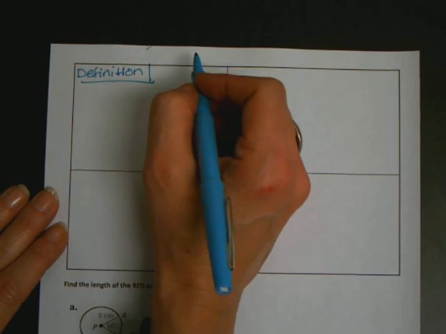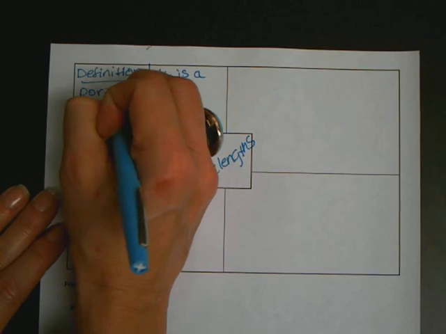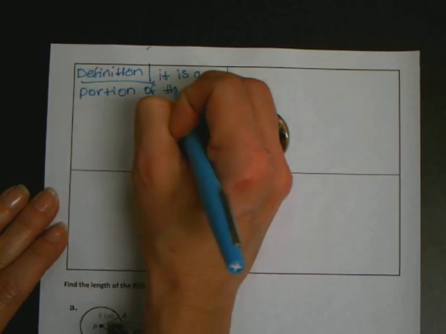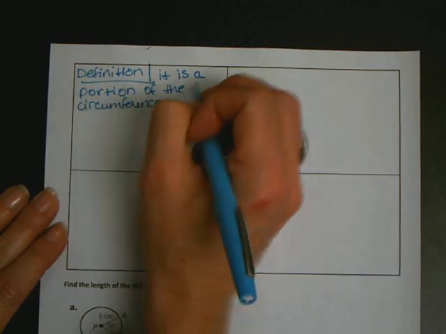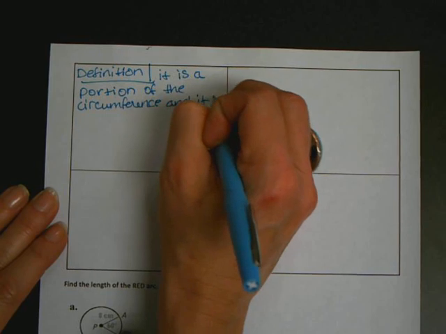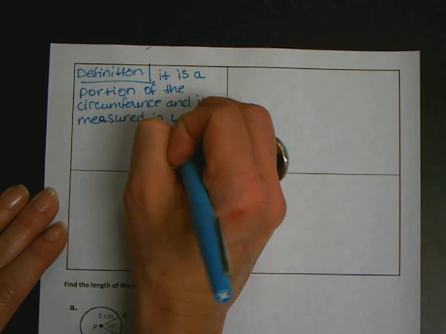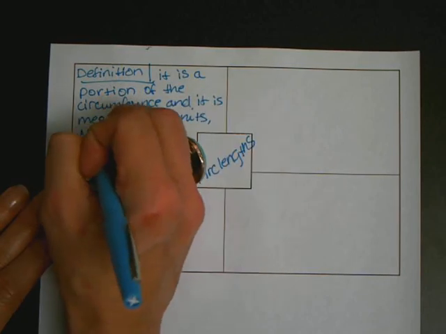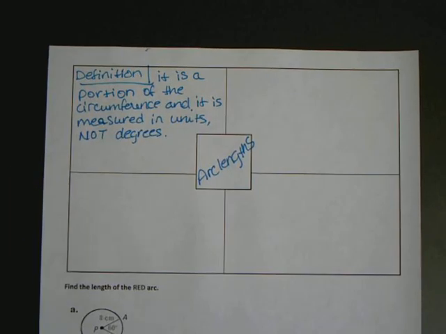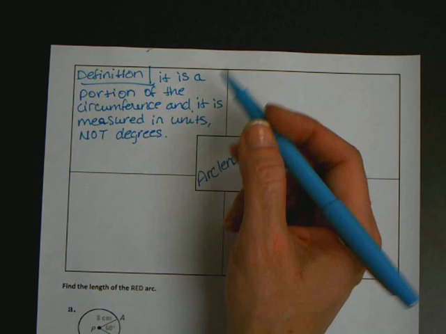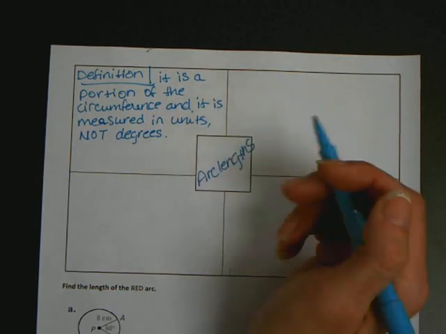It is a portion of the circumference and it is measured in units, not degrees, because we had talked about arc measures in Chapter 10. This is talking about the actual length. So by units, we're talking about inches, feet, meters, centimeters, whatever the case may be.